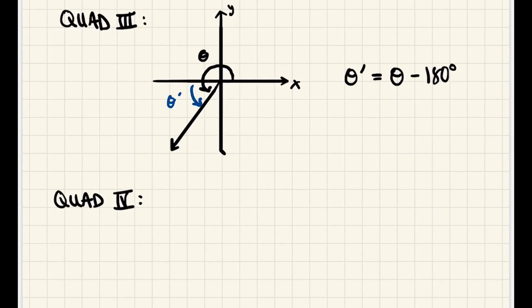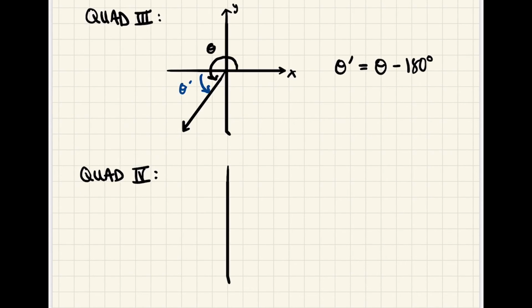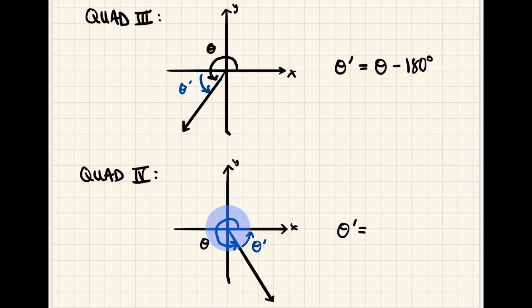And finally, in the fourth quadrant, let's suppose there's our theta. And now the nearest side of the x-axis is back to being the positive side. So it'd be this little angle right in here. That's our theta prime. And we can see that theta prime is all the way around, so 360 degrees minus theta.